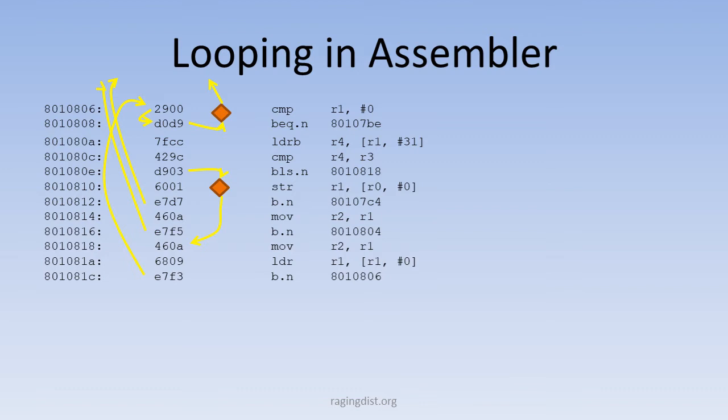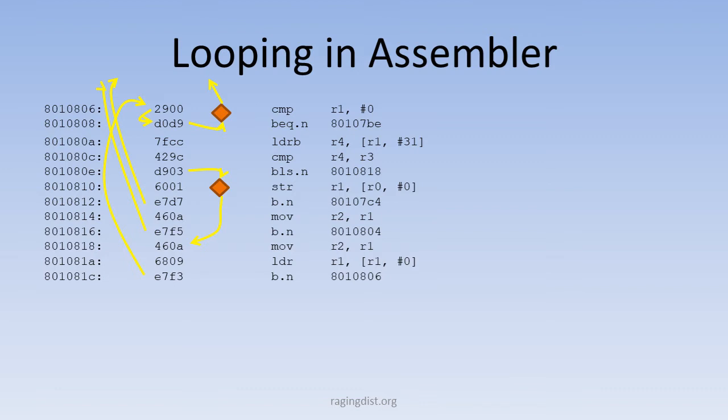I want to jump back up in memory. So this 801008, which has the D0, D9, the next instruction could potentially tell the CPU, don't go to 801080A like you normally would, but jump up to an earlier address.